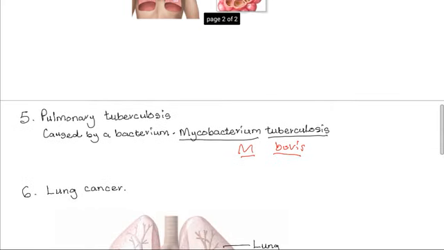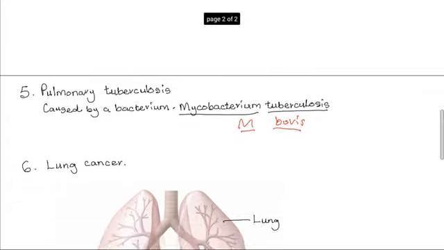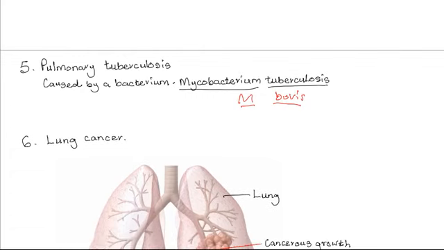And then lastly, lung cancer. Lung cancer is an uncontrolled cell growth that occurs in the lung, because cancer generally refers to an uncontrolled cell growth in the body resulting in the tissue tumor or enlargement.